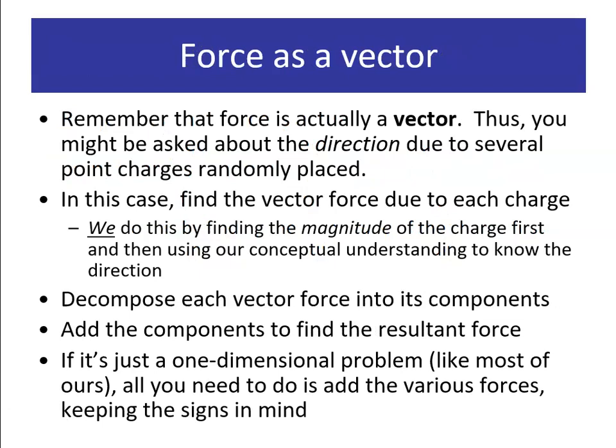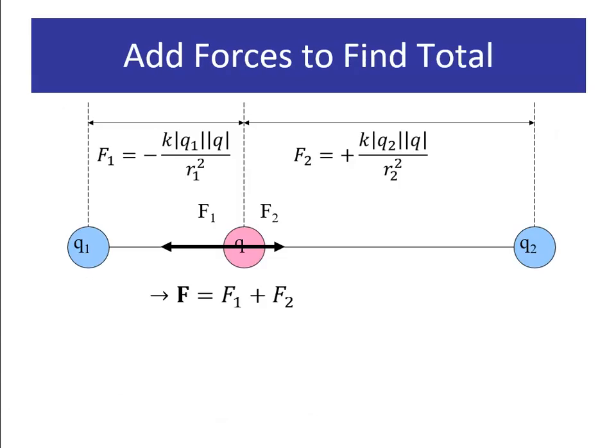We are nonetheless going to think about force as a vector, but we're just going to work in one dimension. So let's say we have a charge here right in the middle, and it's experiencing a force due to the presence of 2 other charges, Q1 and Q2. Unfortunately, I was being very sloppy and I forgot to put bold signs on my force vectors, F1 vector and F2 vector.